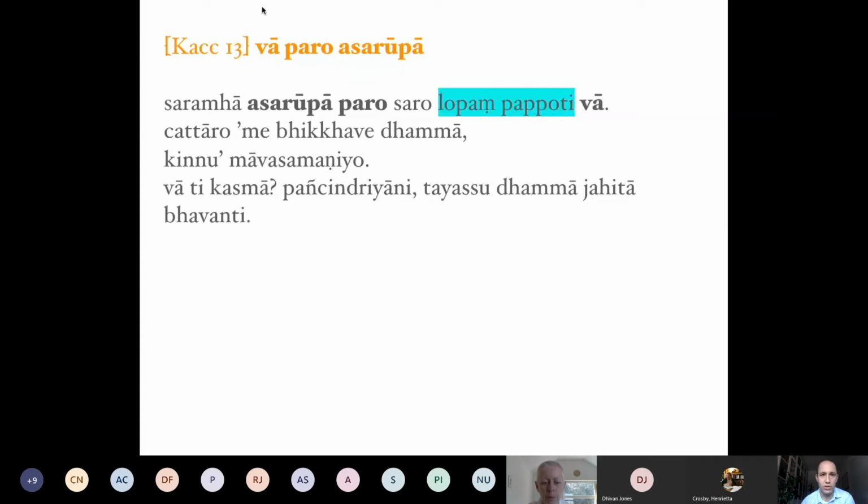Well, after that, I think it's quite straightforward. The reason why it is complicated is again because of the economy of language. Try to use as few words as possible. So here, va, paro, asarupa is like there is elision of the preceding vowel, or optionally there is an elision of the following vowel, as long as it is following a vowel that is dissimilar. So that would be a requisite.